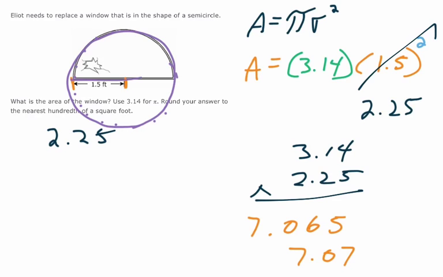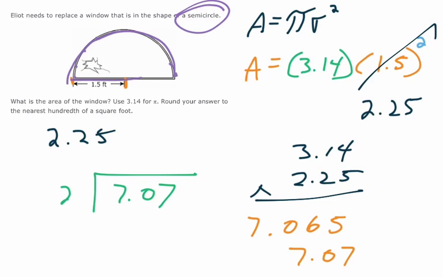And we know we're doing only the semicircle. So we need to get rid of half of it, which means we need to take 7.07 and cut it in half, divide by 2, or 7.065, whatever you can put in there, either one will get you that.